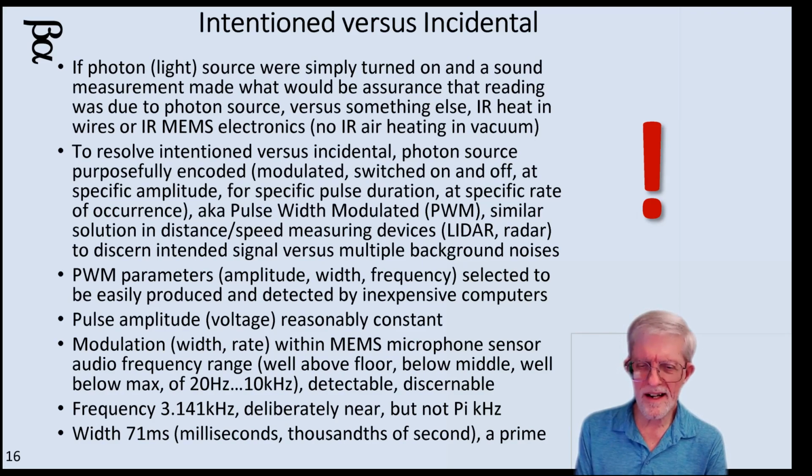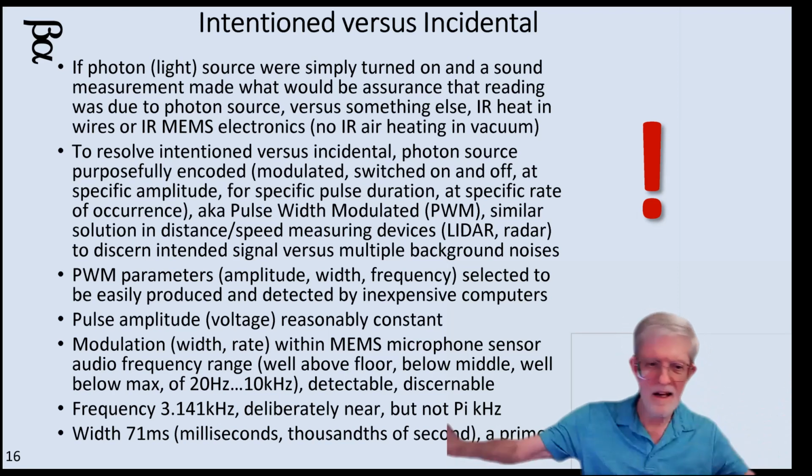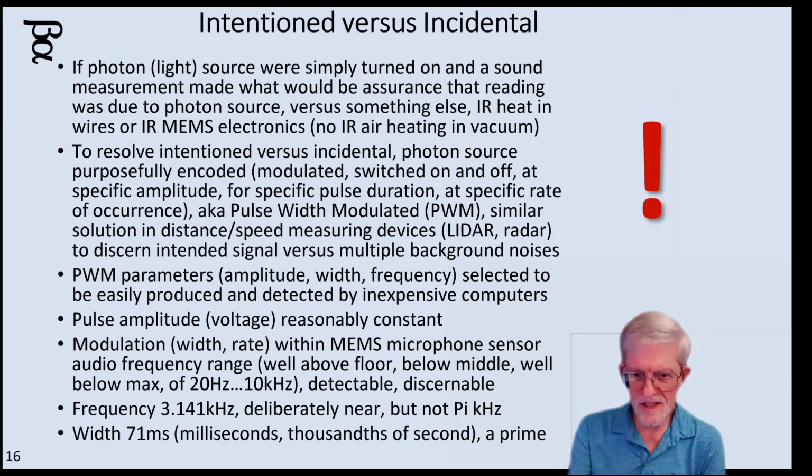Because when his radar gun sends the radio signal out, it actually modulates it, or encodes essentially data in the signal. And then when it bounces off your vehicle and comes back to the radar gun, they can decode that data and go, well, this is my data that I sent out coming back. It's not some stray radio frequencies. And we're doing the same thing here.